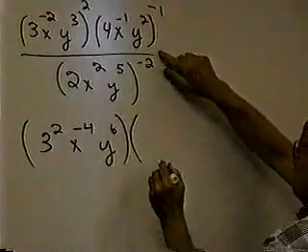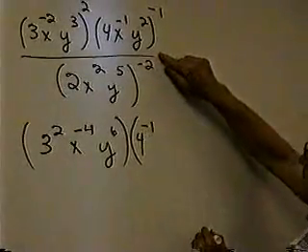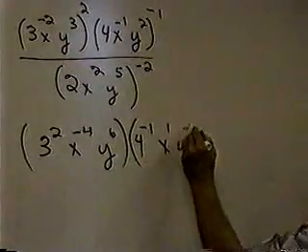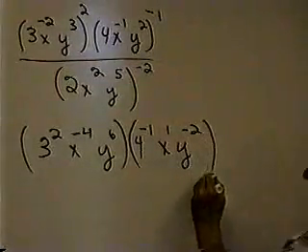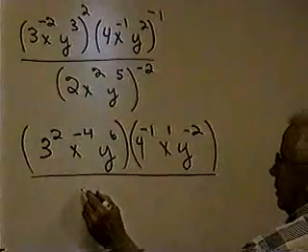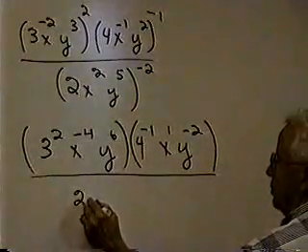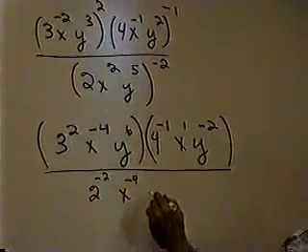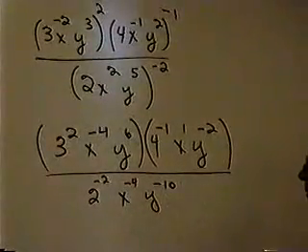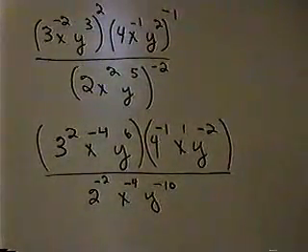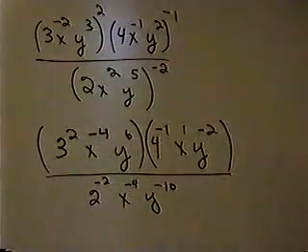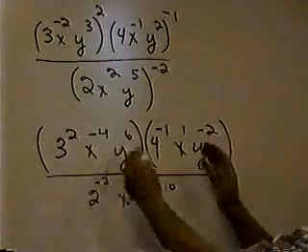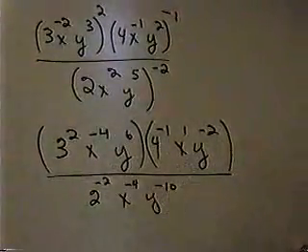And then over here would be 4 to the -1, x to the +1, y to the -2. All over 2 to the -2, x to the -4, y to the -10. Now notice I threw away the parentheses here, but I didn't here because we've got to multiply these back together, so I wanted to keep those separate.